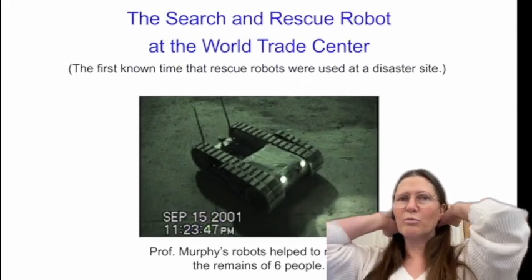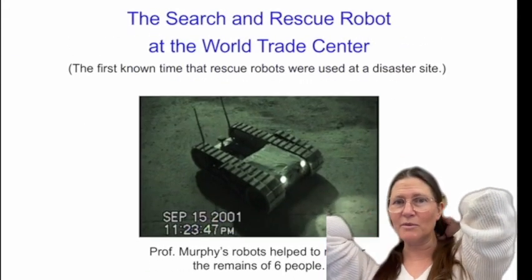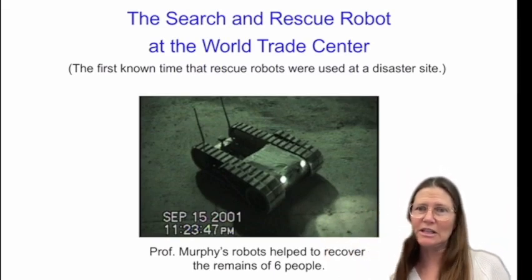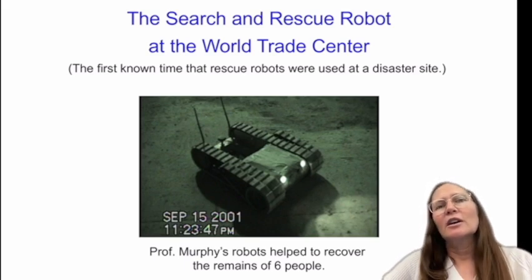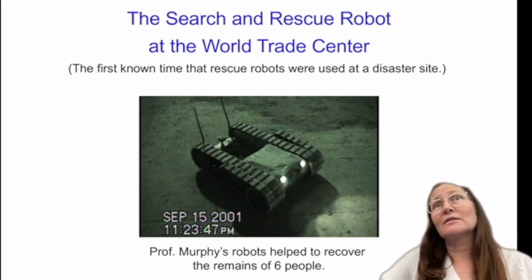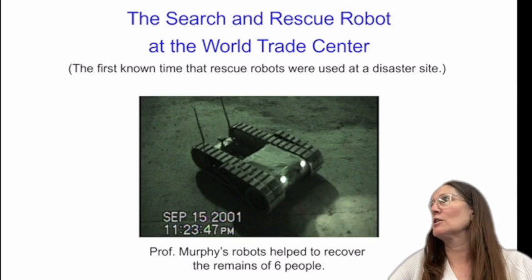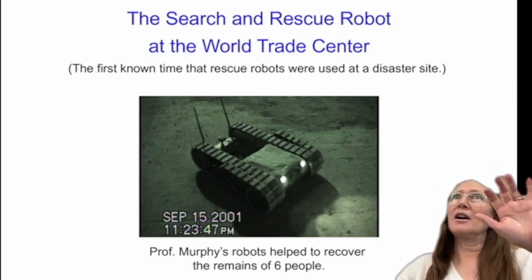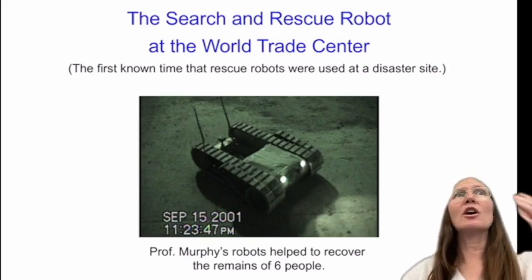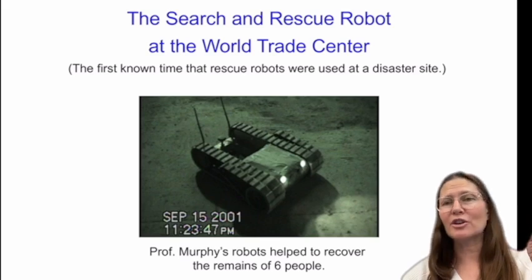There was the World Trade Center, unfortunately, a tragic situation. There were these rescue robots that they used, and in the debris there, it was very dangerous for one, and then hard to see in another.